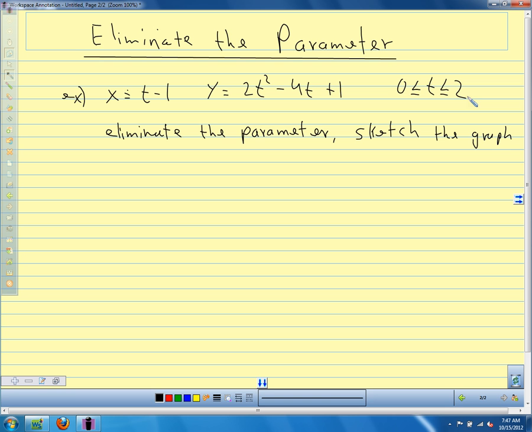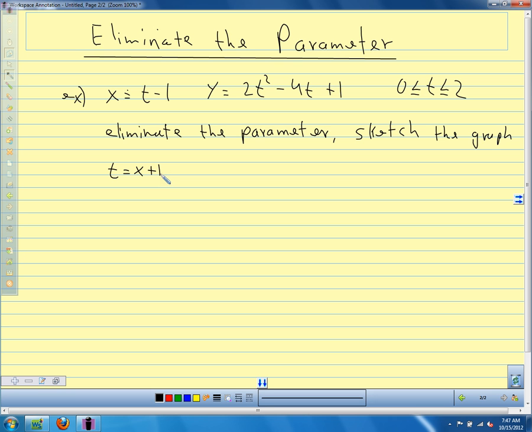We want to know what the graph of this set of parametric equations looks like. So to eliminate the parameter, all we do is solve for the parameter in terms of one of the variables. Here it looks like it's going to be easier to work with this equation. So from this equation I can say that t equals x plus 1.